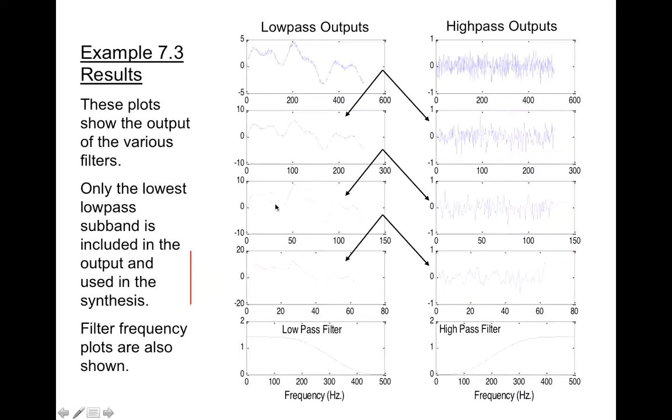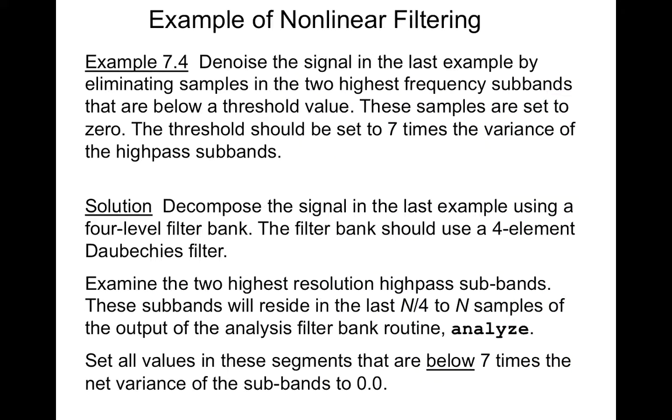So these plots show the output of the various filters. Only the low pass subband is included in the output and used in the synthesis. So we can basically take that same example and show how wavelet analysis can be used to denoise the sample by eliminating those two higher frequency subbands.